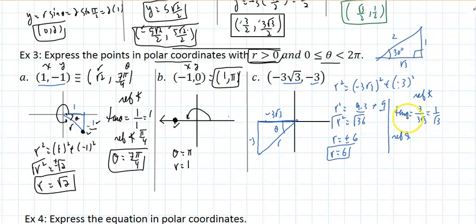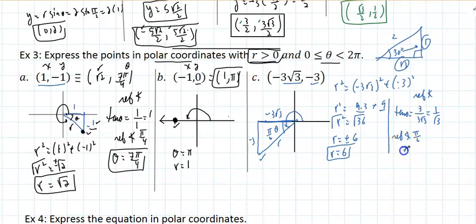Which, the tangent of which angle gives you 1 over radical 3? Tan of 30 is the opposite over the adjacent. So it's pi over 6. But I am in this quadrant. What is pi over 6 in quadrant 3? That is 7 pi over 6.